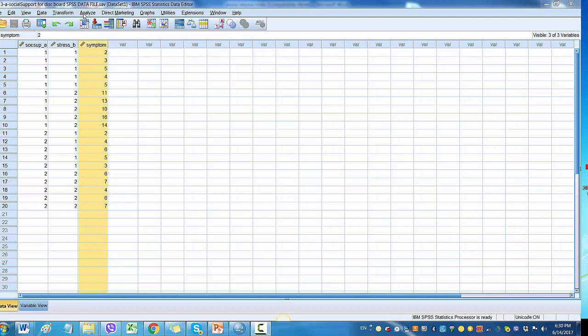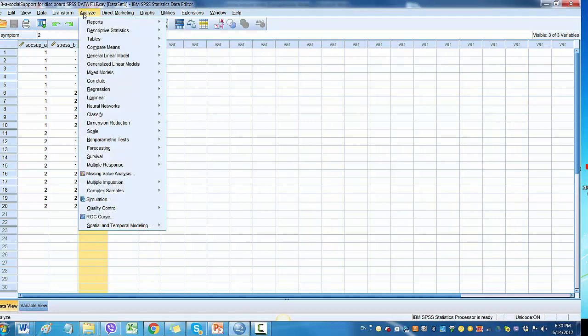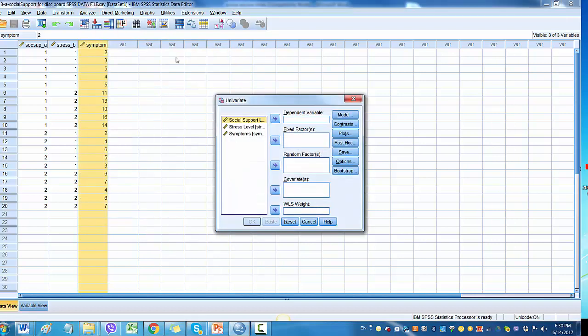Now let's run the ANOVA. Okay, now analyze. Then you can go to general linear model, univariate, and now our dependent variable is symptoms, and we are taking social support and stress level as fixed factors.